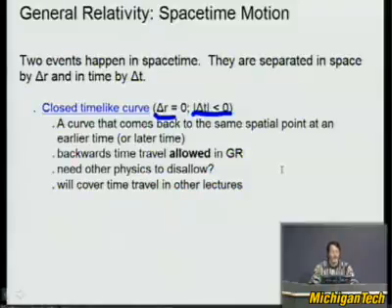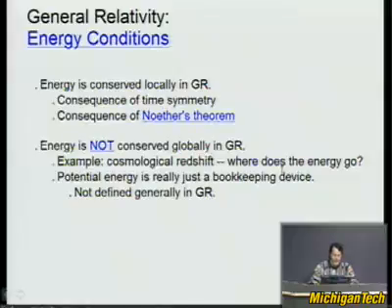You can come back there at an earlier time. So backwards time travel, traveling to your past, is not forbidden in general relativity by the equations. We need, I guess, some other physics to forbid it. Something else has to come in, a chronology protection conjecture like Hawking made. Time travel will be discussed in detail in other lectures, so look for that. Okay, moving along.